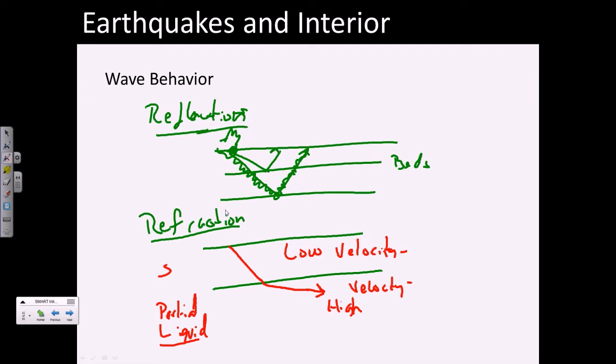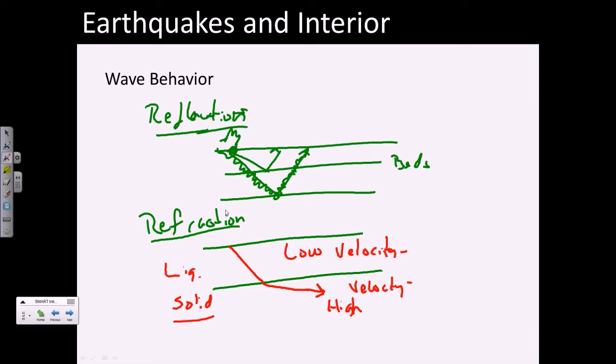Initially we had a solid going to a liquid, and so what we might just do here is flip that around and go from a liquid to a solid, liquid to solid in Earth's interior, and that's going to bend the waves so that they're more closely parallel to the boundary that they're actually crossing.